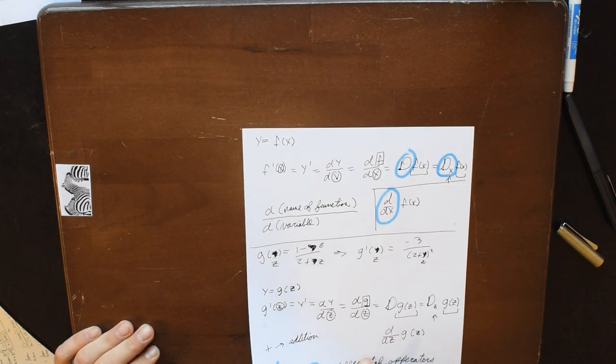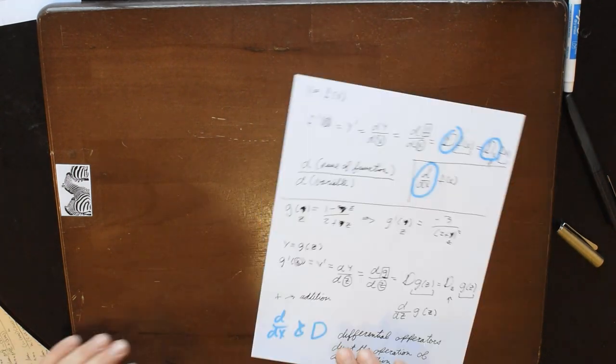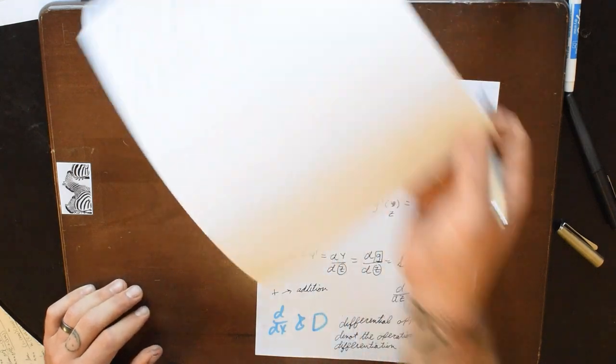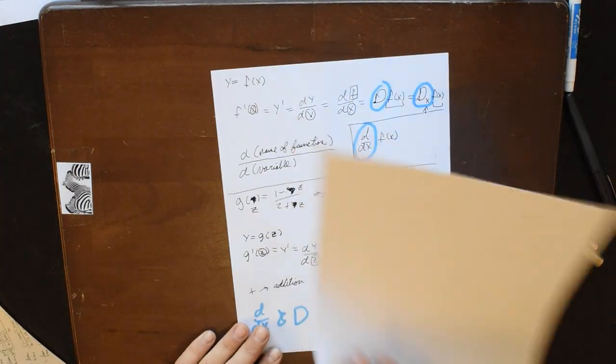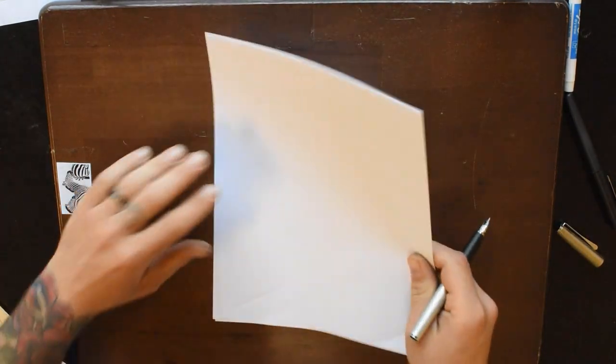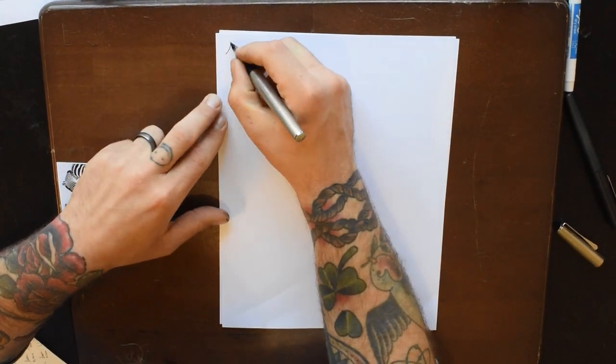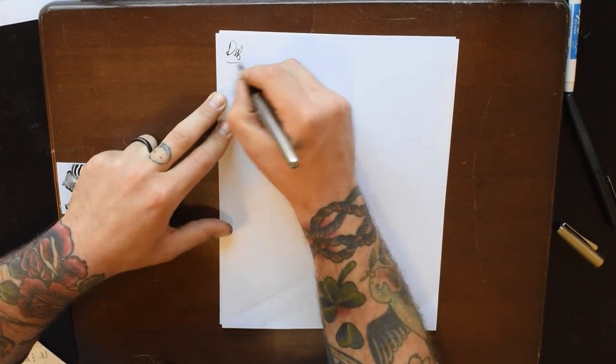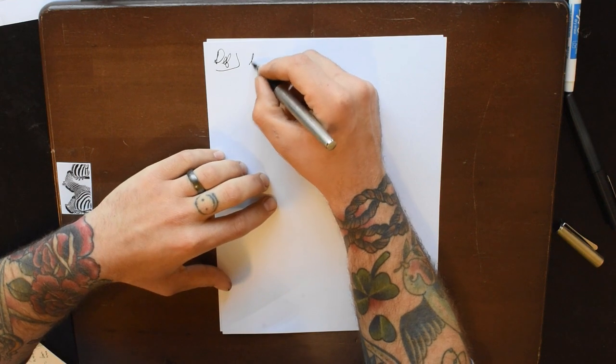So let's give you a definition as a part of this, and then we'll shift gears. So definition, and this is for differentiable at a.